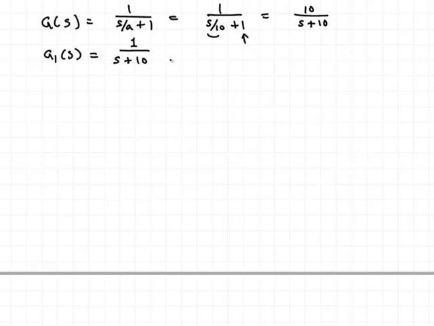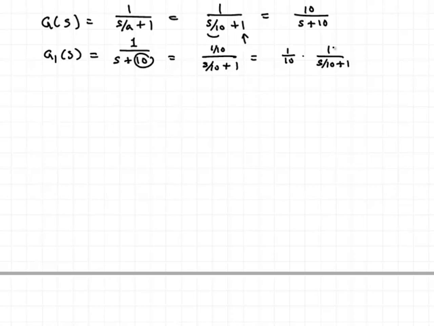Well, I still would go about dividing through by 10, and I would have 1/10 over s over 10 plus 1. I would divide by 10 because I want to get rid of the 10 there. So now I have two terms: 1/10 times 1 over s over 10 plus 1.